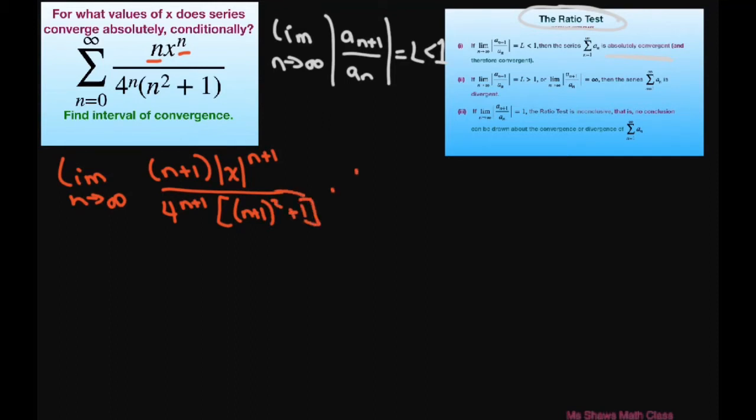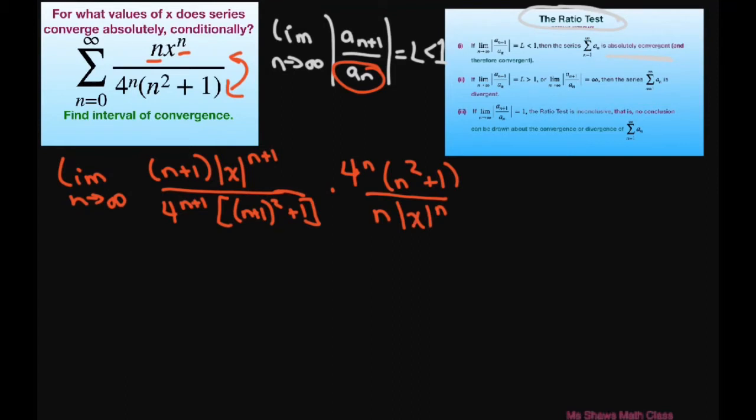Dividing by a sub n is the same as multiplying by the reciprocal. So it's going to be 4 to the power of n times n squared plus 1, divided by n times the absolute value of x to the power of n.